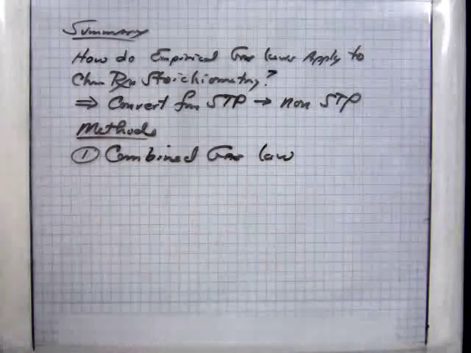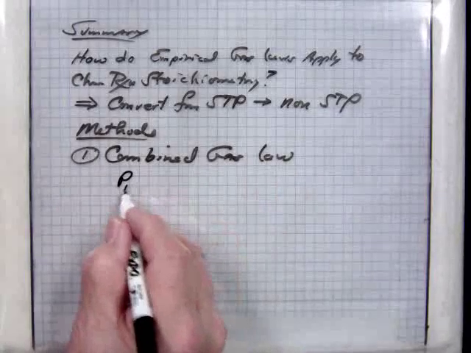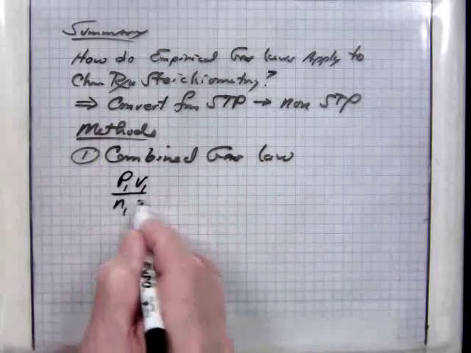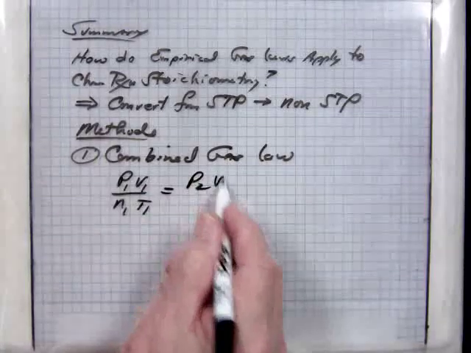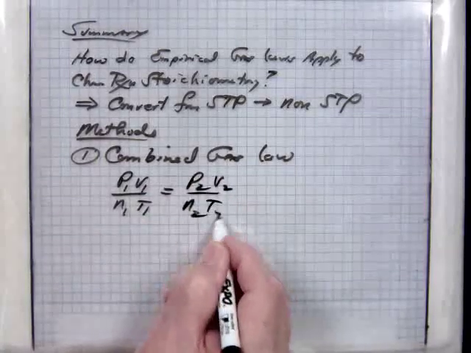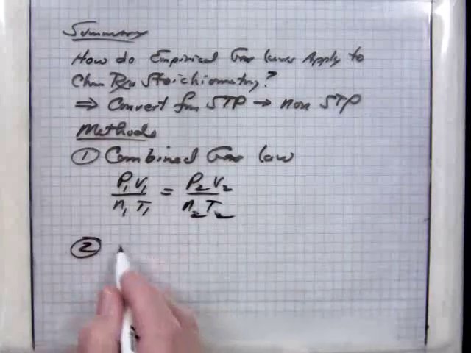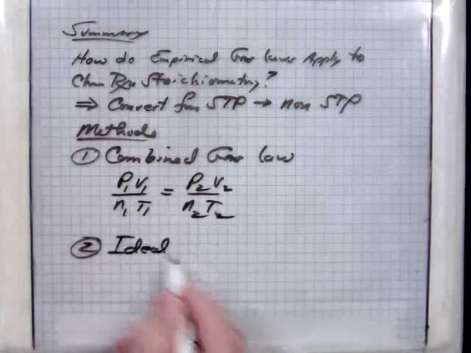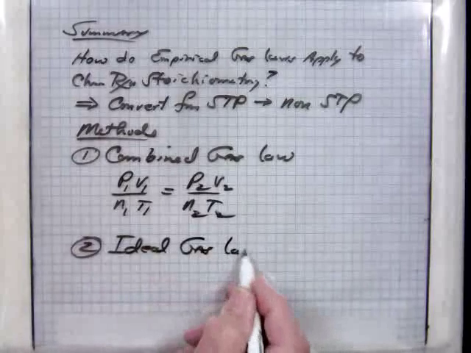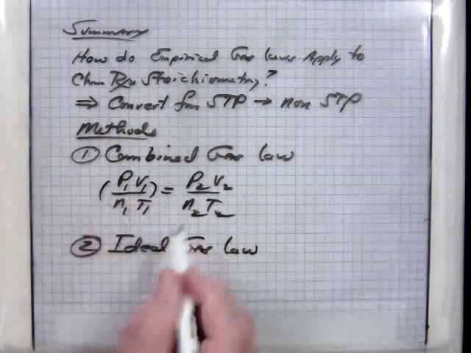I'm going to put the equations down here. P1V1 over n1T1 equals P2V2 over n2T2. And two, the ideal gas law, where PV over nT.